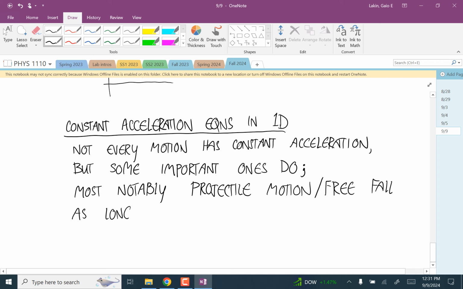So as long as you can ignore air resistance, is constant acceleration.